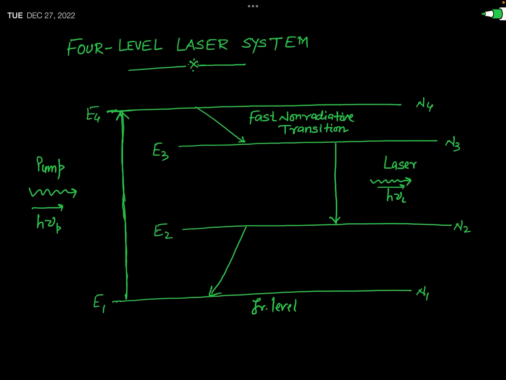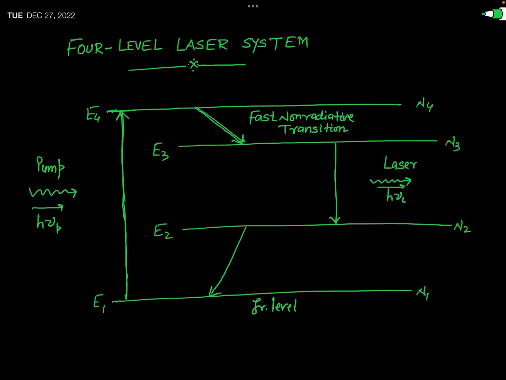As I have mentioned here, atoms in the fourth energy level make a non-radiative transition which is very fast, very rapid. It means the lifetime of the atoms in this fourth energy level is very small, and they quickly transit to the energy level E3.